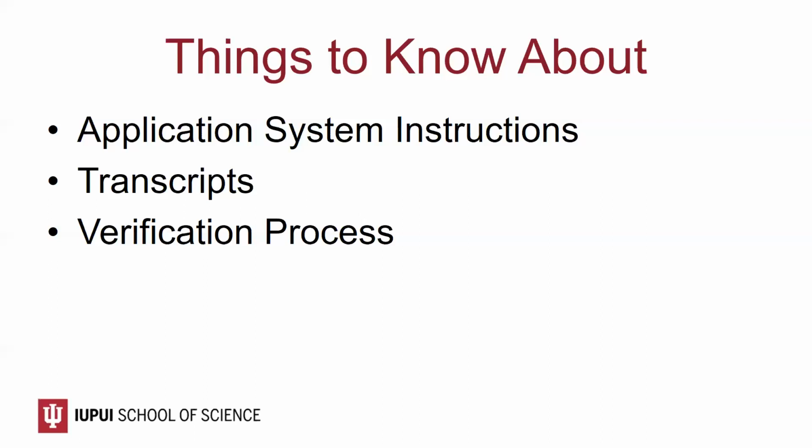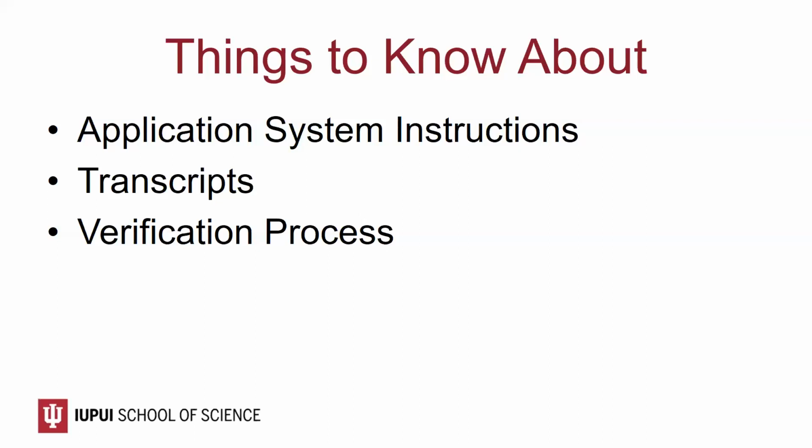Now, some people might ask, why does your application include information on your coursework if you're submitting a copy of your transcripts to AADSAS? And the reason for this is that the information that you provide within the content of your application is utilized to calculate your application GPAs, including a cumulative GPA, science GPA, and year-by-year GPAs.